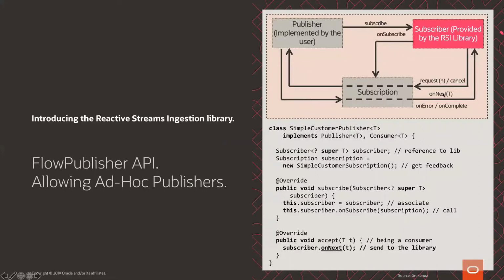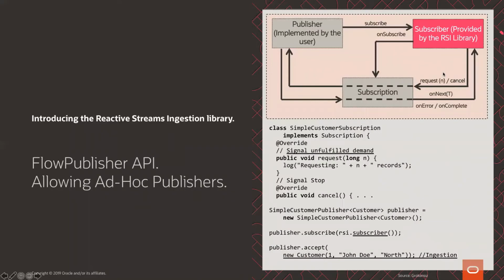The way this works is that when the library still has buffer available to receive records, it's going to say request, signaling the publisher that it's okay to send more records.